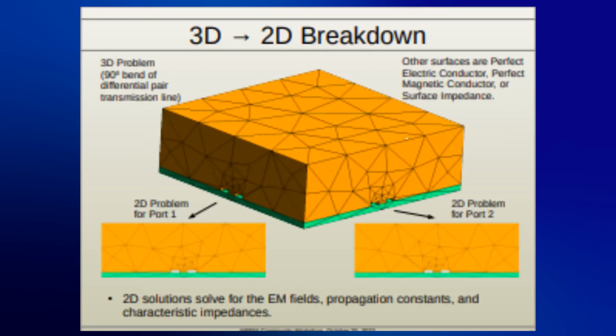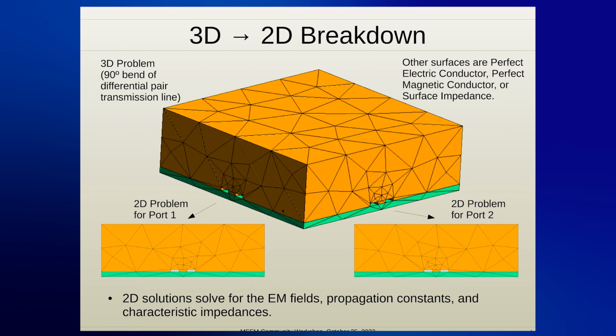So visually, suppose you have a 3D space and you want to solve, in this particular example, the scattering from a 90-degree bend in a differential pair for high-speed digital signal integrity. You have the 3D space where you've drawn your problem, and to solve it, you have to apply the boundary conditions to all the external surfaces.